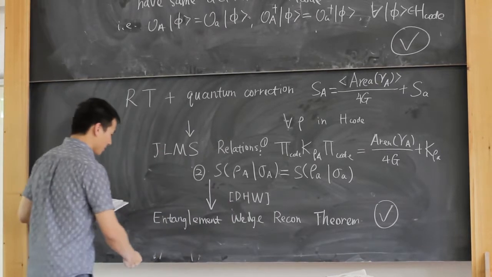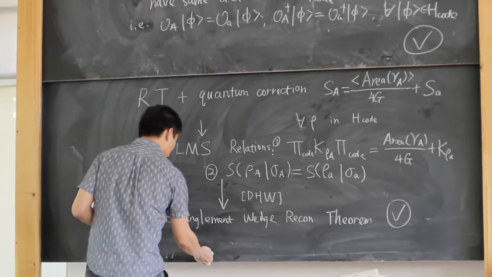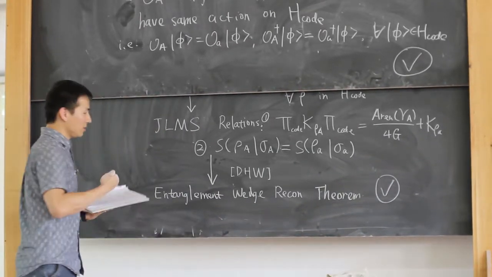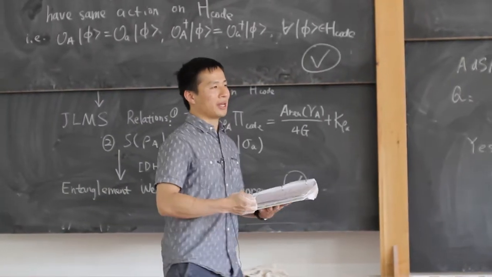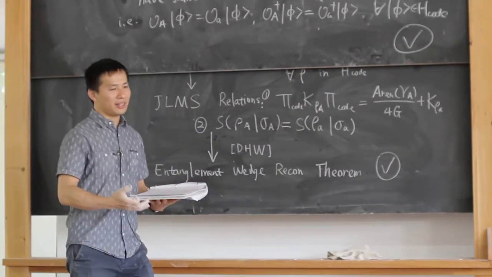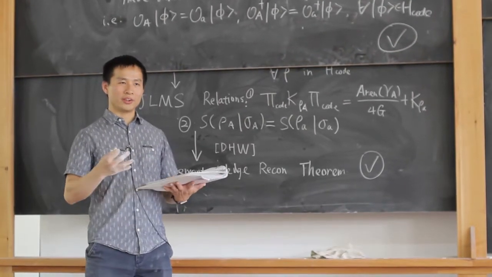And finally, to make things complete, I'd like to also point out that the entanglement wedge reconstruction theorem actually means that AdS/CFT is not just an arbitrary quantum error correcting code, it's a very special one.